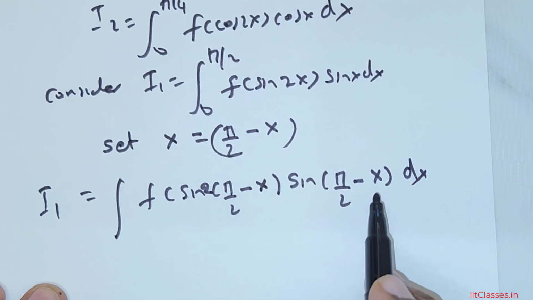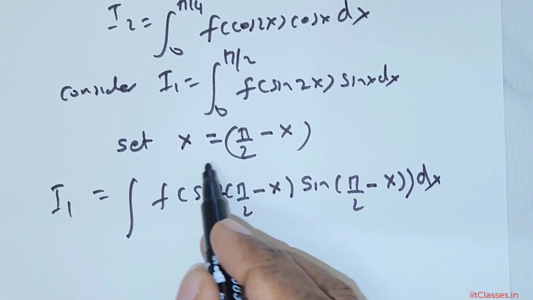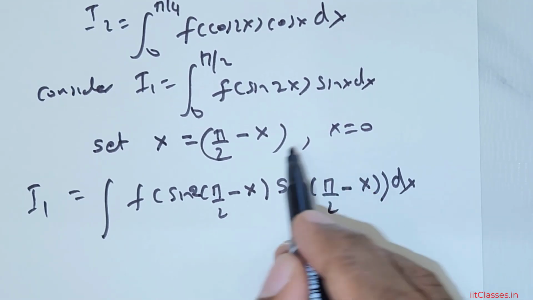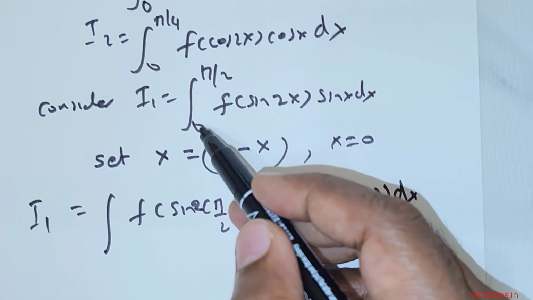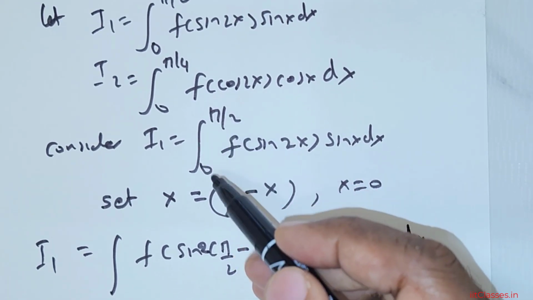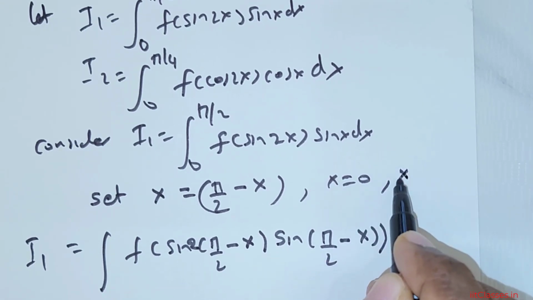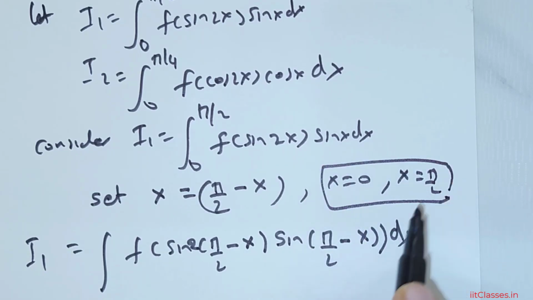Okay, you have a parenthesis there. Now when we have the limits x is equal to 0, the change occurs here, and we would have x is equal to pi over 2 here, right?